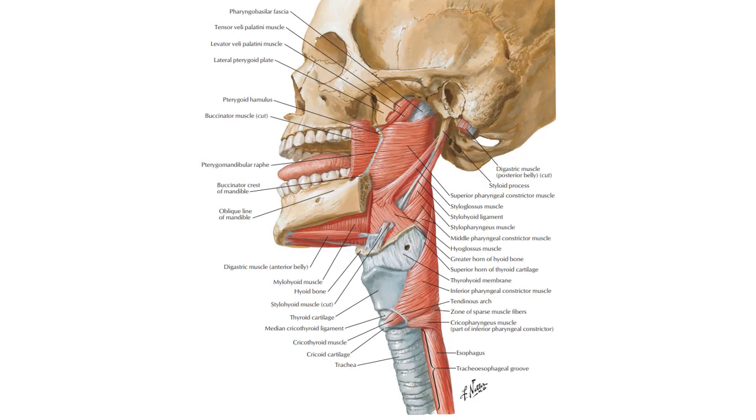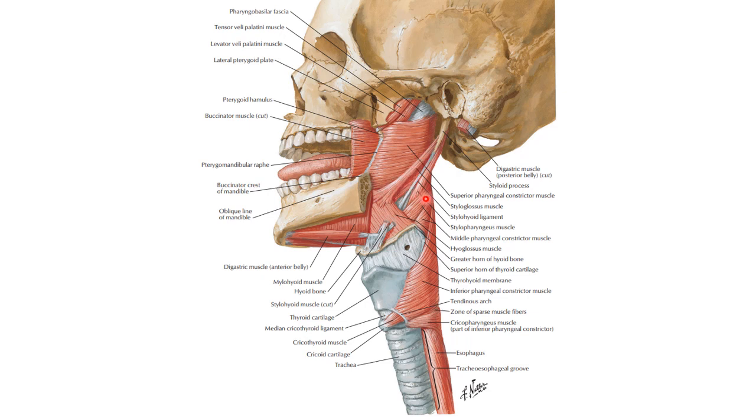So in another view, this will show you the muscles of the pharynx from the outside. So this is your superior pharyngeal constrictor. This would be the styloglossus, which connects the styloid process to the root of the tongue.